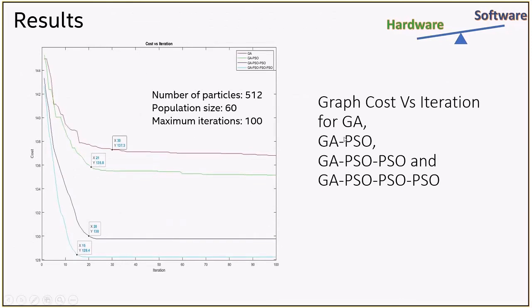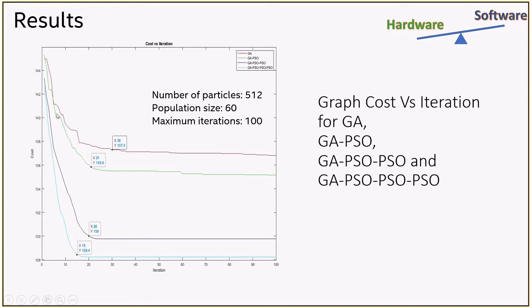Here I have run using genetic algorithm and particle swarm, and a 3-level, the 4-level hybrid one. In my observation, I have taken 512 particles with a population size of 60 around 100 times.